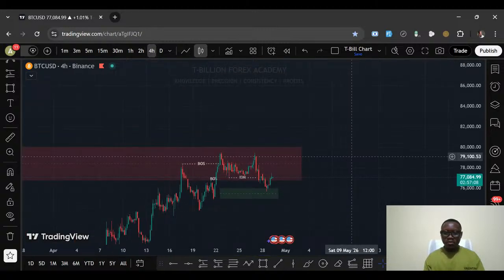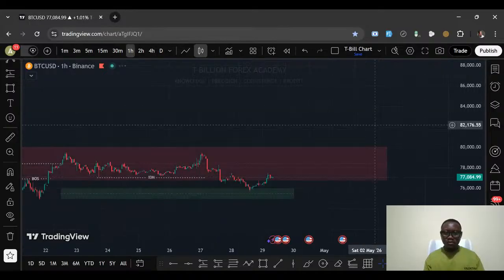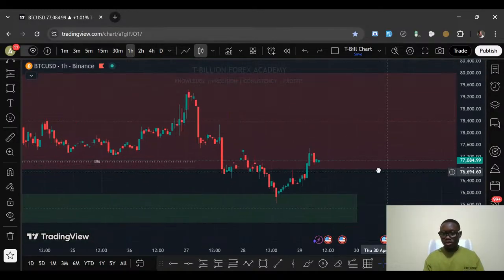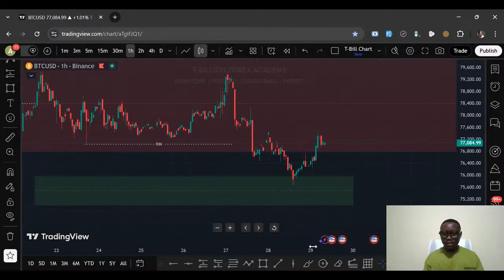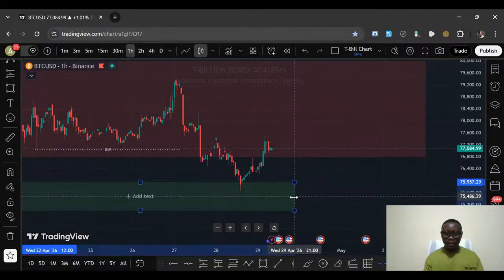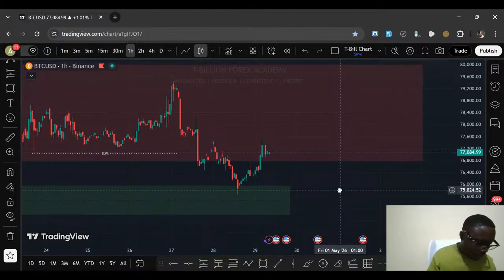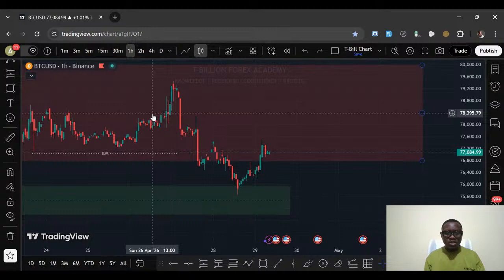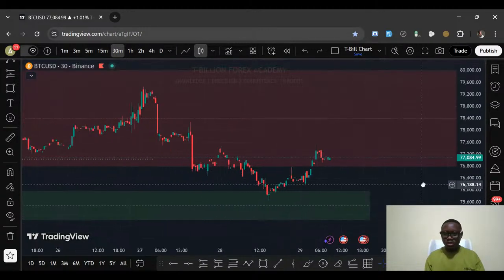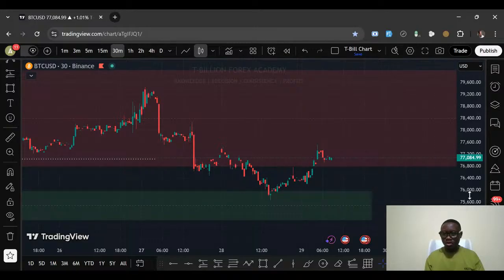Now what we want to do is drill down to the 1H time frame and look out for a reversal pattern. Let me drill down to the 30-minute time frame for a clearer picture of this internal structure.